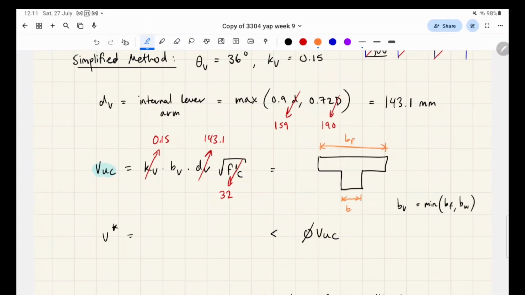So in a T-beam, you're going to see shear cracking occur in the web first. Basically the concrete area in shear is always the thinner one that takes on the shear first, or the majority of the shear.